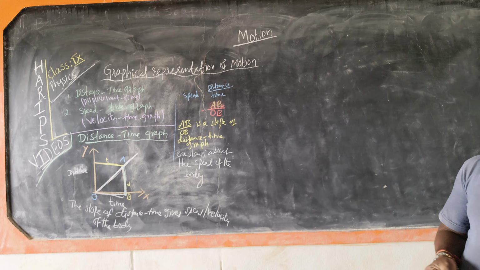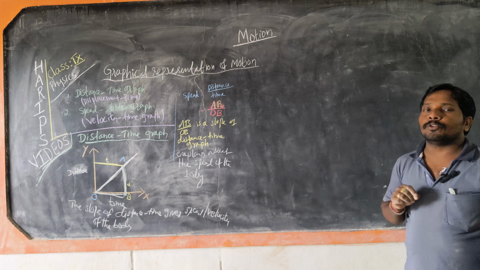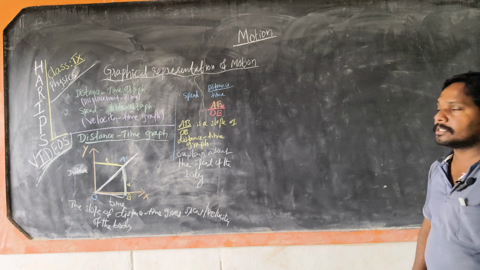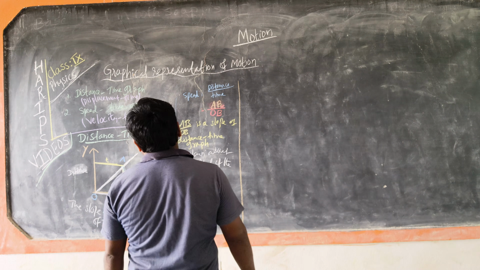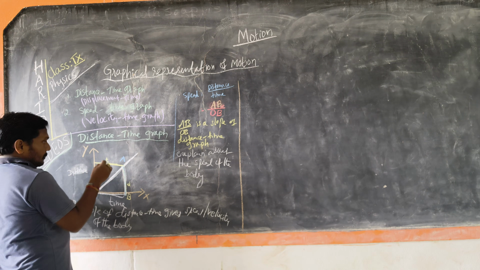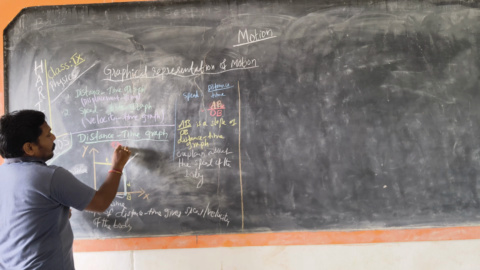So what happens if the body is moving with non-uniform motion? The graph we drew is for uniform motion.